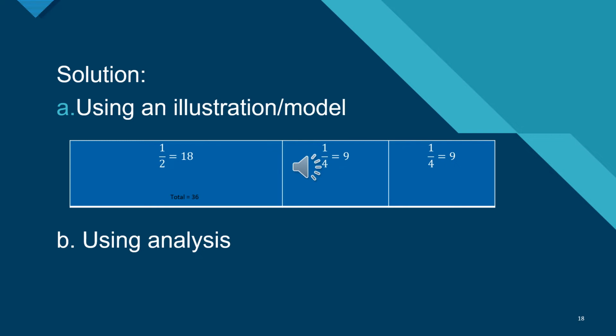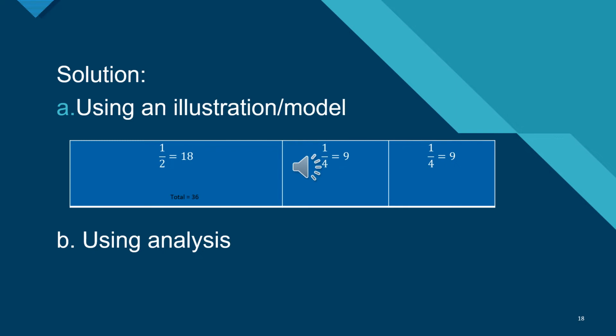So we have two one-fourths, each equal to 9. If we add the two one-fourths, we get one half. And if we add the two nines, 9 plus 9, we get the number of mangoes which is half of all. So half of all the mangoes that Nilo picked is equal to 18. Therefore, the other half is also 18.